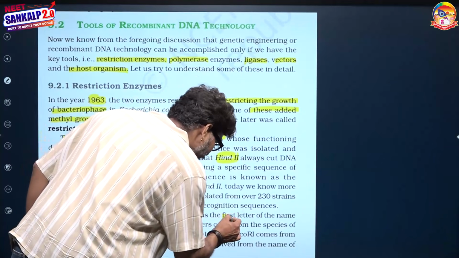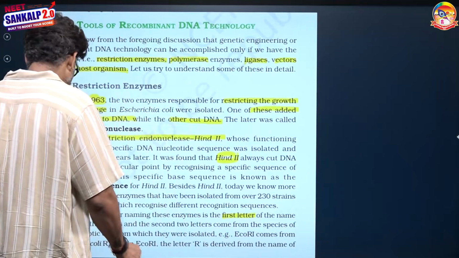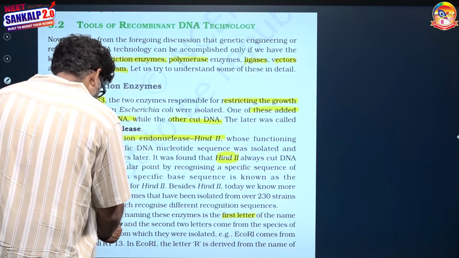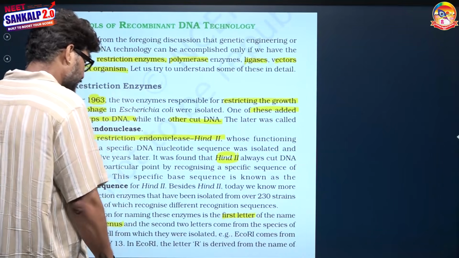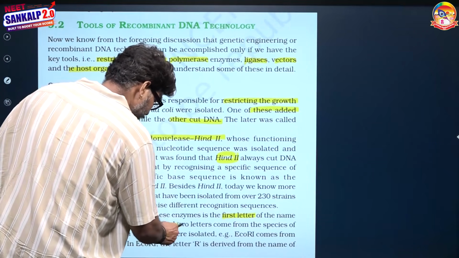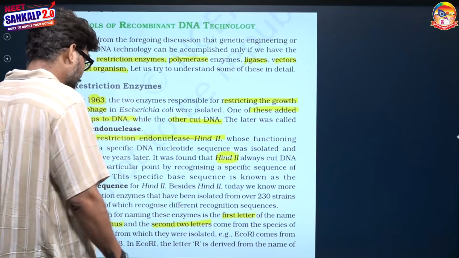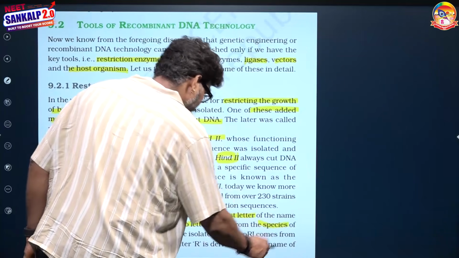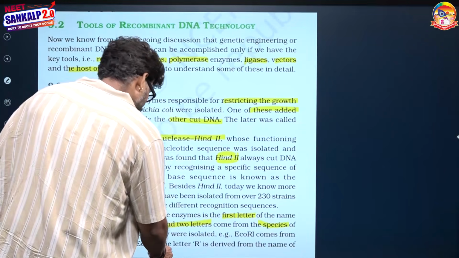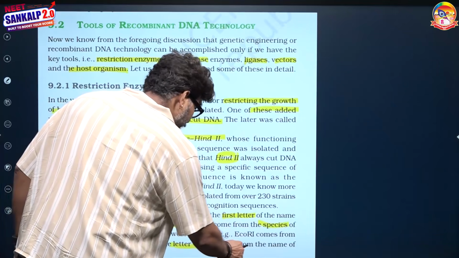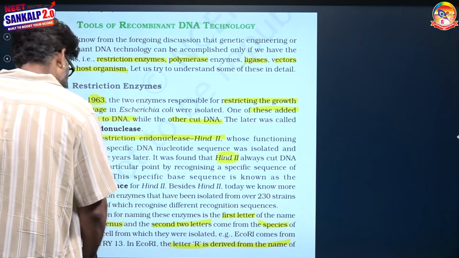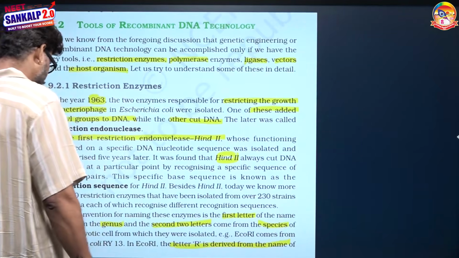The first letter of the enzyme name denotes the genus, the next two letters represent the name of the species, and the fourth letter represents the strain from which it was isolated.